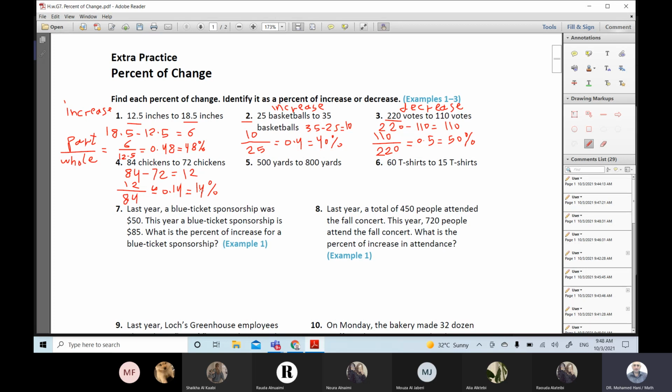Exercise number 5. We have 500 yards. So this is the basic number. To 800 yards. So who can tell me we have increase or decrease?